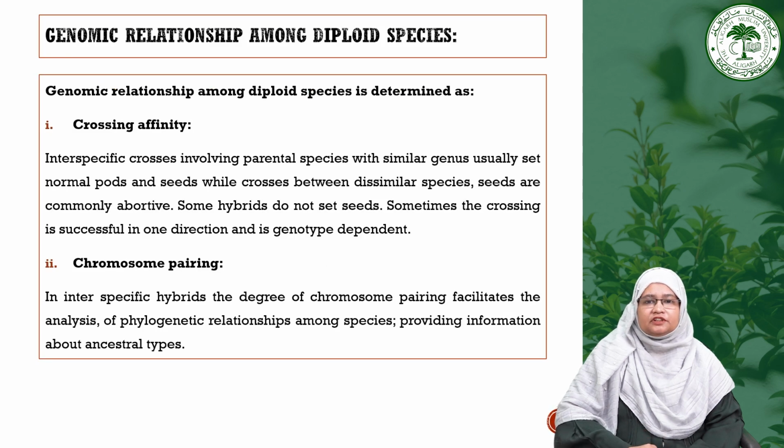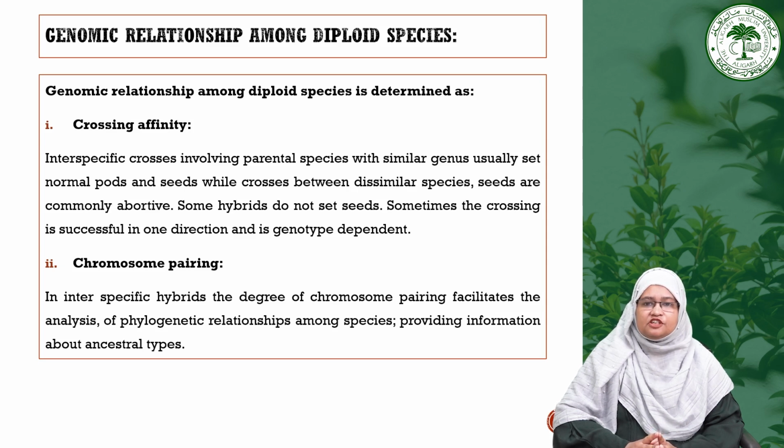Genomic relationship among diploid species is determined by crossing affinity. Interspecific crosses involving parental species of similar genus usually set normal pods and seeds, while in crosses between dissimilar species the seeds are commonly abortive.